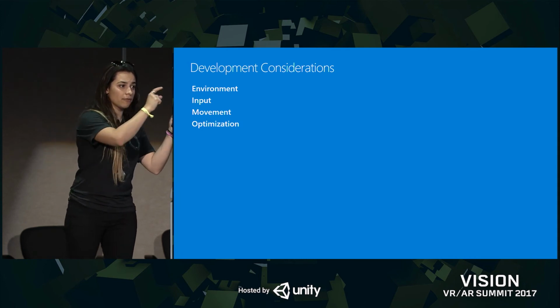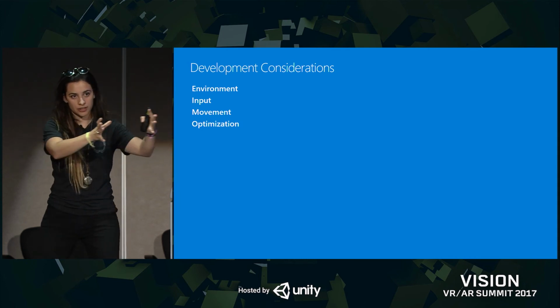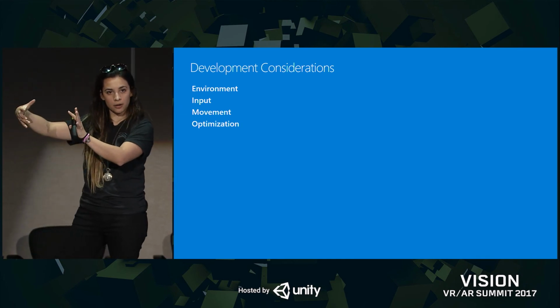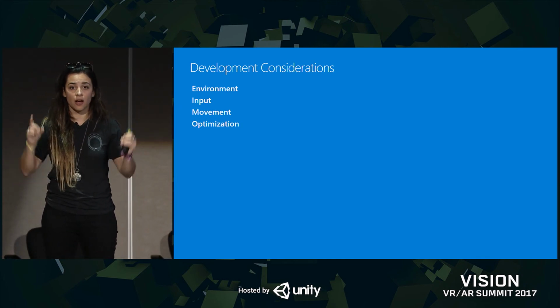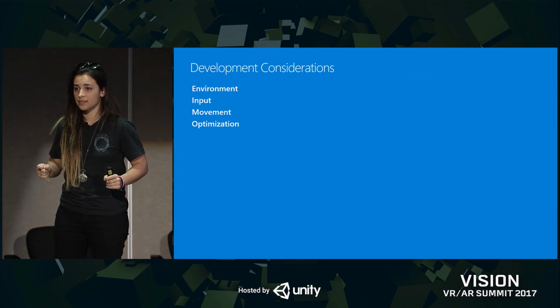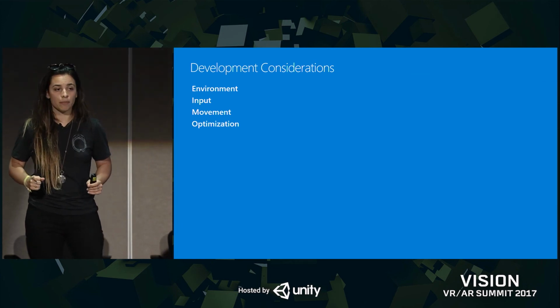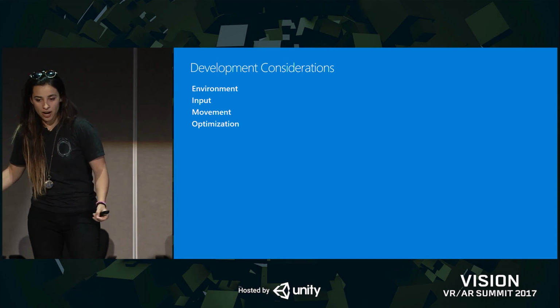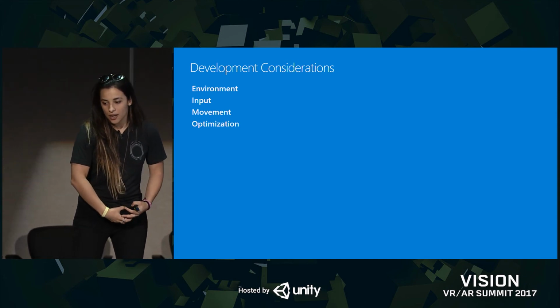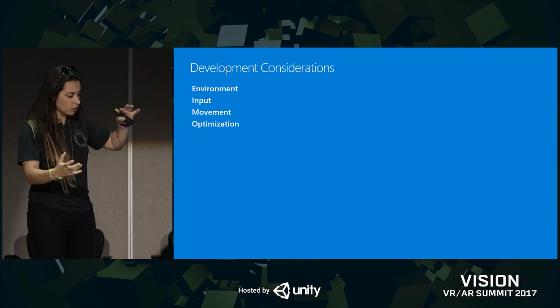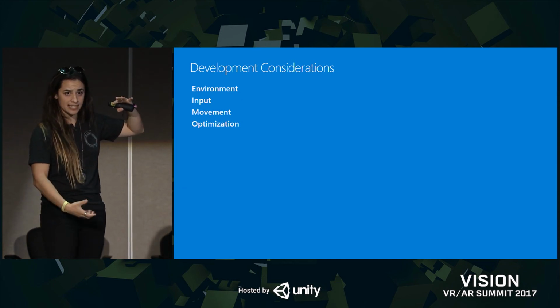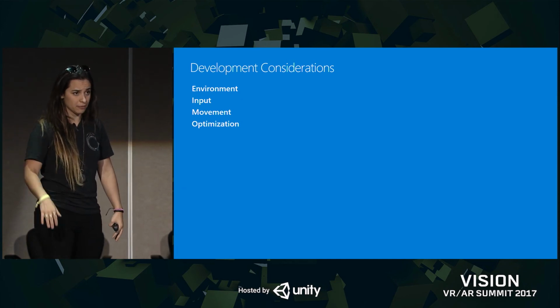The other thing when going from the VR portion of the spectrum to the more AR, mixed reality portion is optimization. The HoloLens is a mobile device. So when running a bunch of particle effects and huge explosions, normally you have your gaming PC that can run it fairly well at 90 frames per second.